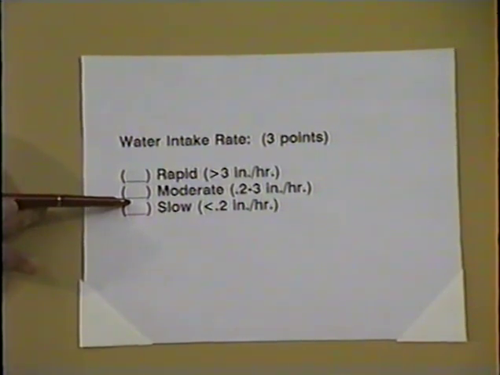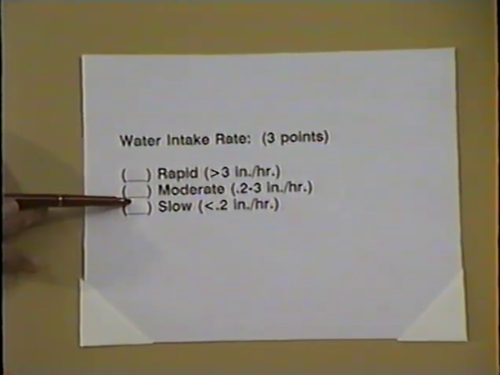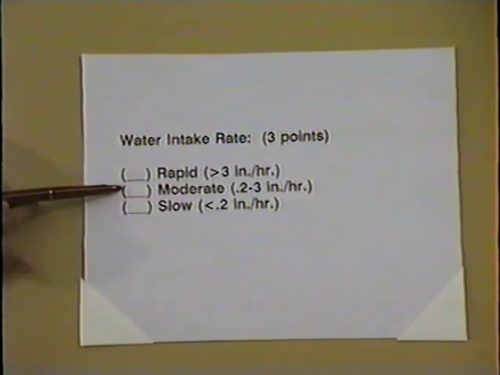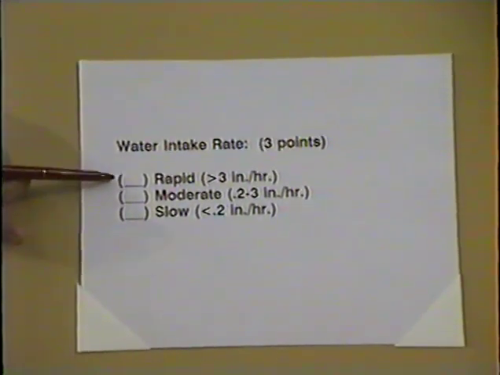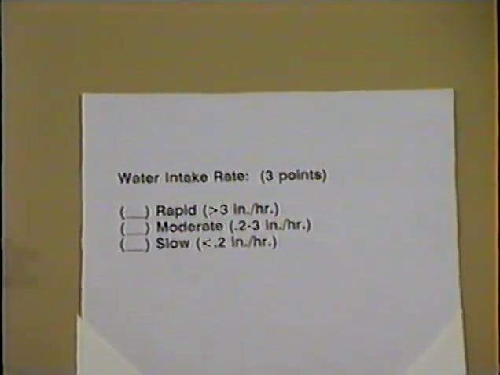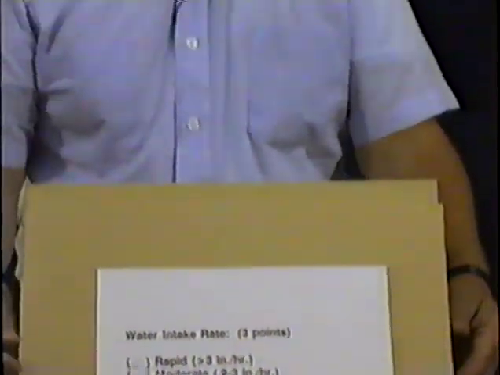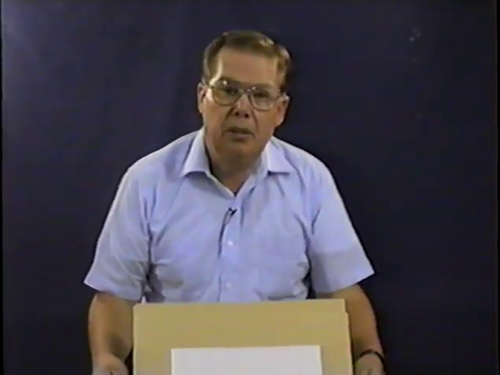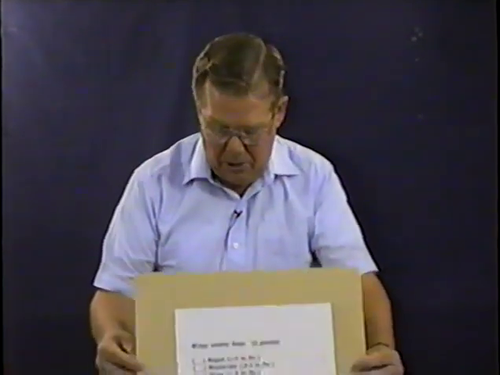And the slow would be, of course, the fine textured soils, the clays, the silty clays, and sandy clays. So again, we make this decision based on the textural characteristics of the soil. So knowing about the texture characteristics of the soil is extremely important, and that's why we devoted so much time to it, and you should spend a lot of time developing your skills as far as texturing is concerned.